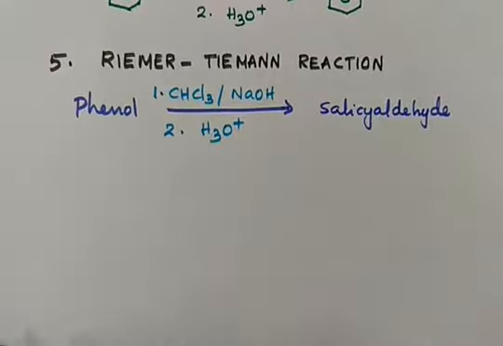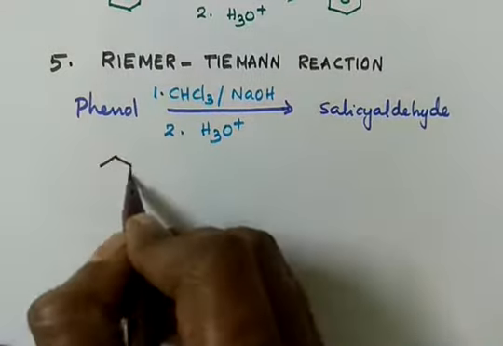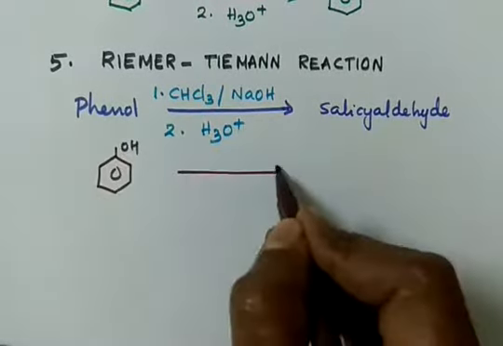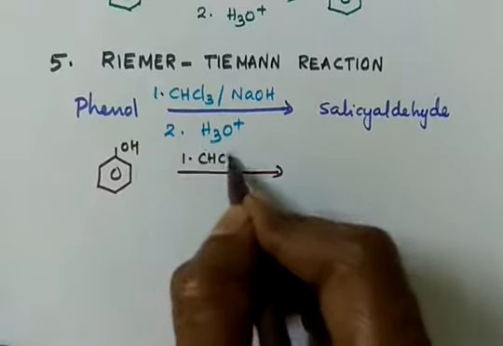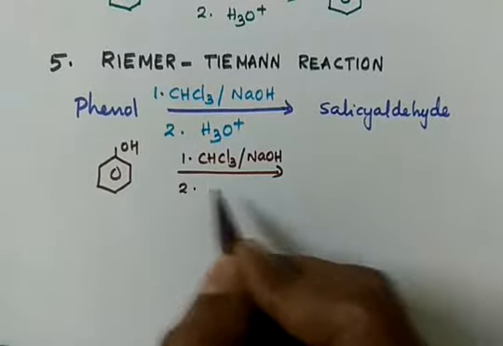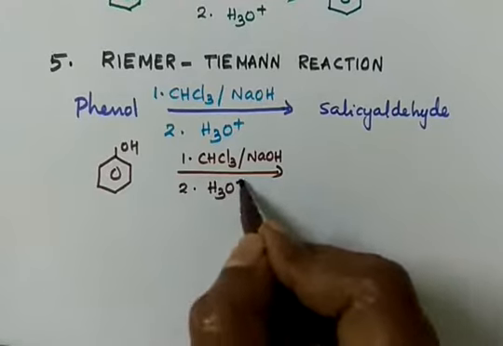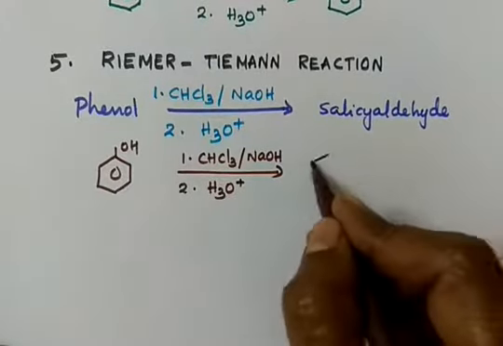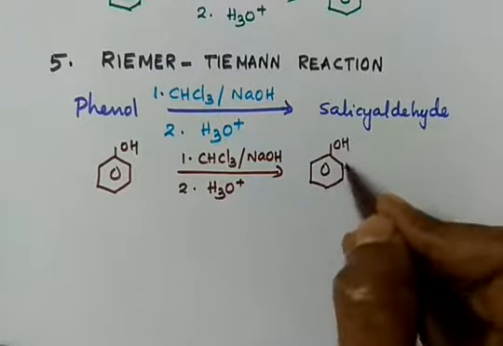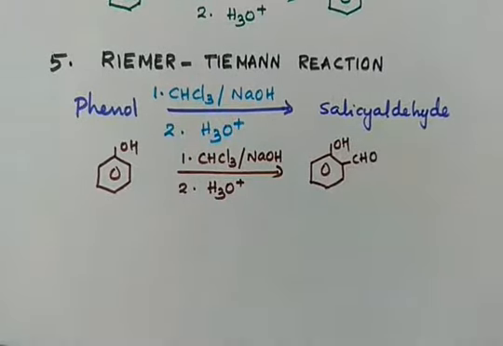So you can write the reaction like this. Phenol on treating with chloroform in the presence of sodium hydroxide followed by hydrolysis gives salicylaldehyde. Salicylaldehyde has a CHO group in the ortho position. So this is salicylaldehyde.